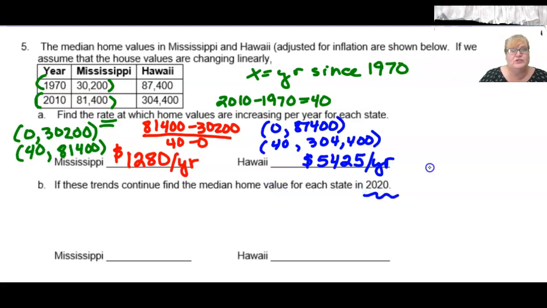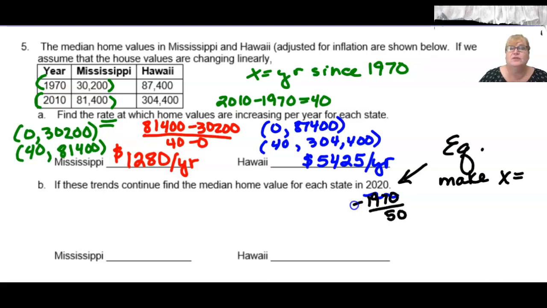So we need an equation, and then we need to make a prediction. And we will put in X equals, let's see, years since 1970 would be 50 years. Well, we got a little cheater thing going here.